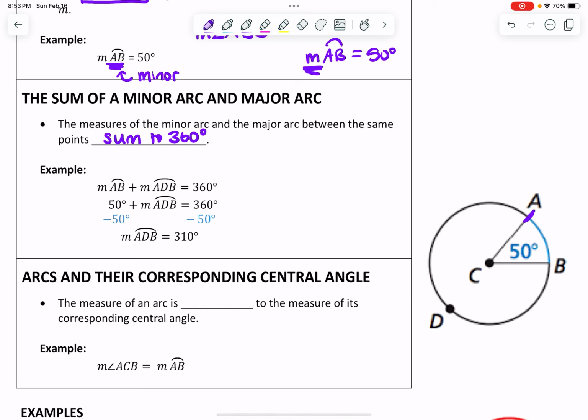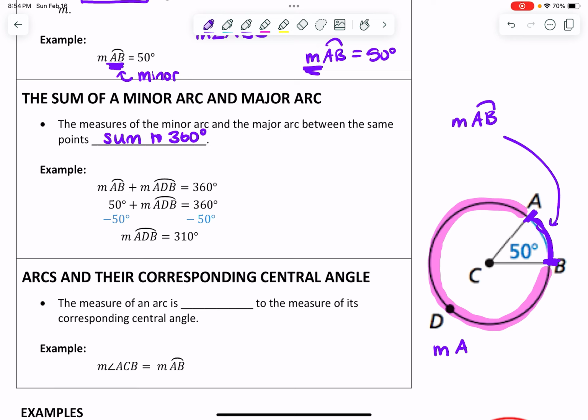I have this minor arc here, so I say the measure of minor arc AB. And I also have the major arc that's associated with those exact same endpoints.